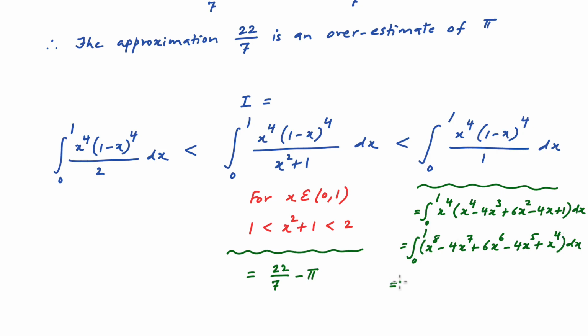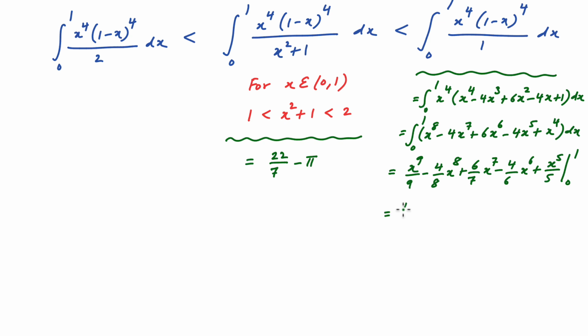This is equal to x raised to the power 9 upon 9 minus 4 upon 8 times x raised to the power 8 plus 6 upon 7 times x raised to the power 7 minus 4 upon 6 times x raised to the power 6 plus x raised to the power 5 upon 5 between the limits 0 and 1. This is equal to 1 upon 9 minus half plus 6 upon 7 minus 2 upon 3 plus 1 upon 5.